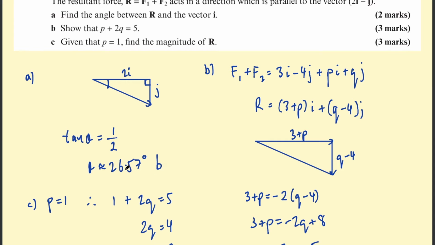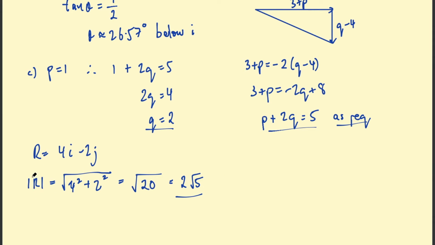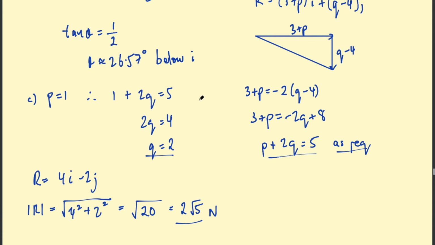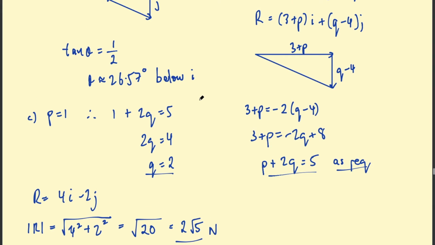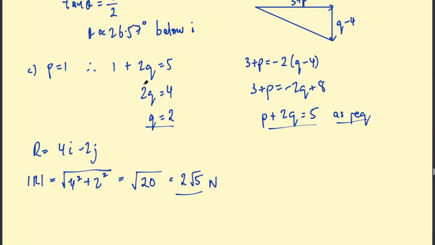So we need to say 26.57 degrees below i, and for my answer for the magnitude of R, we need to say newtons because it's a force. So a couple of little errors there, and hopefully you don't make those same mistakes. Remember to indicate in which direction your angle is, or how your angle is related to the unit vectors, and remember to always label your forces.